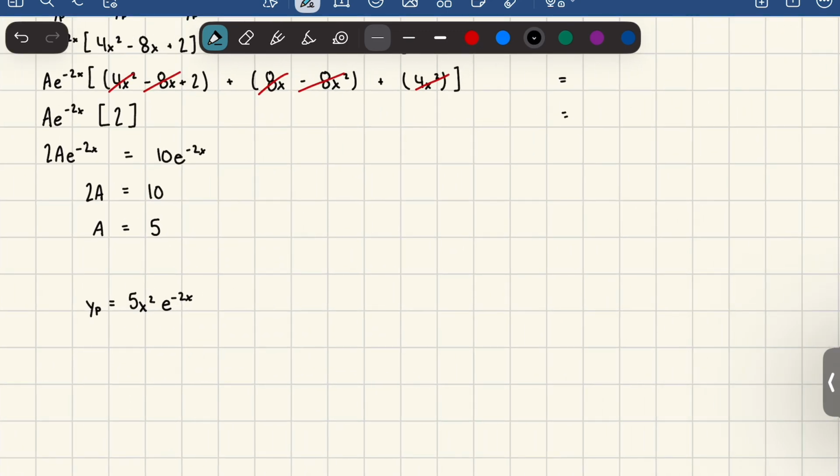Let's go. Okay. That's our yp. We have our yc and yp. Okay, so we have both our yc and yp. Look at the formula sheet.